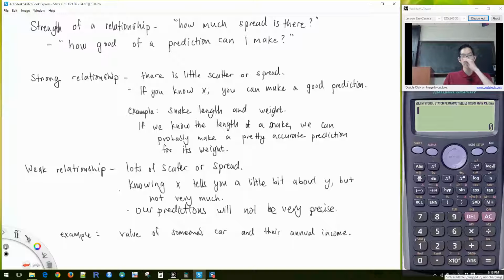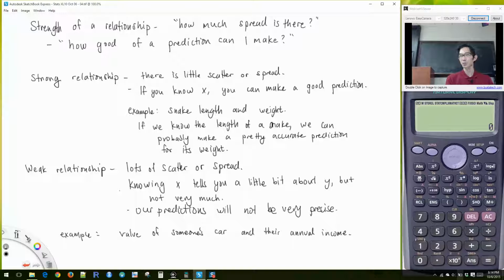Okay, so in general, people who drive very expensive cars generally have higher income. People who drive low value cars generally would have lower income. However, do you have people with high income driving low value cars? Sure.